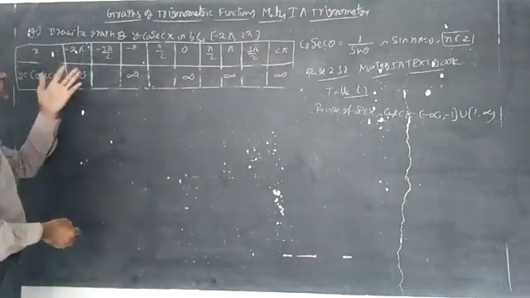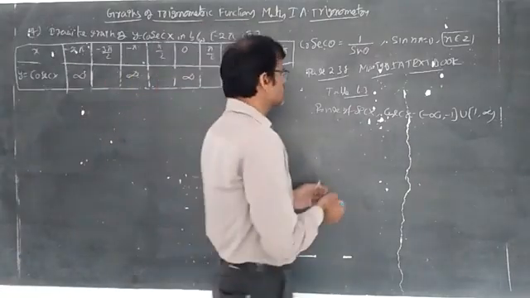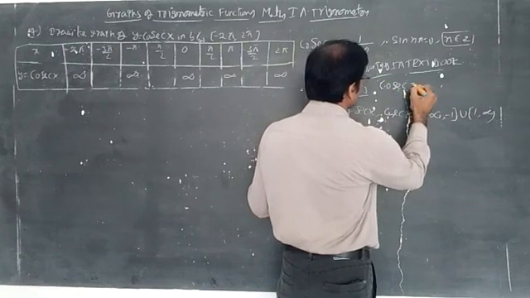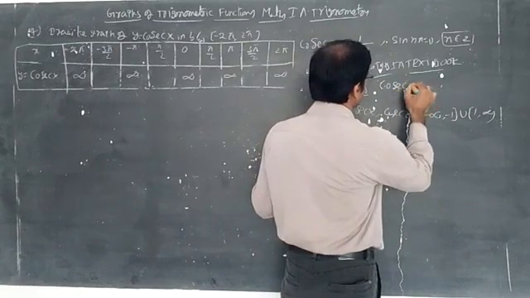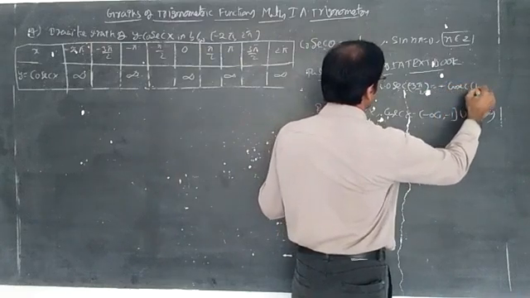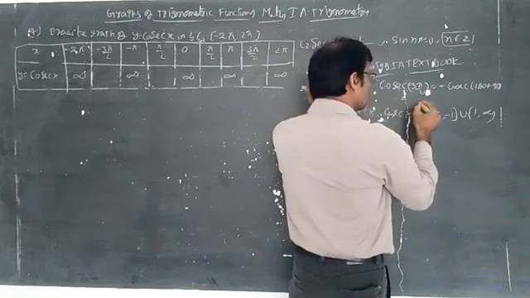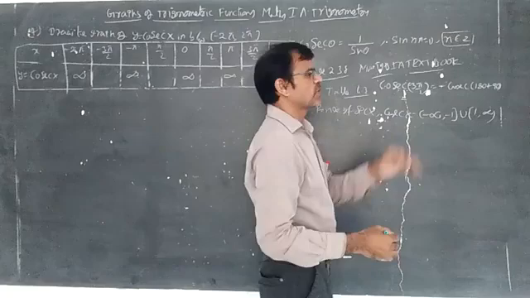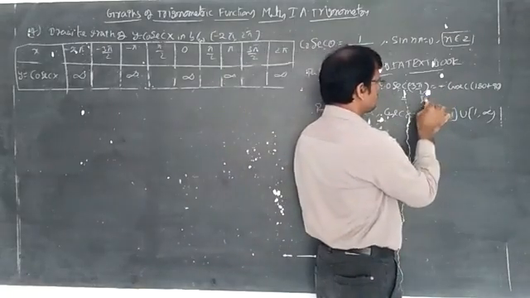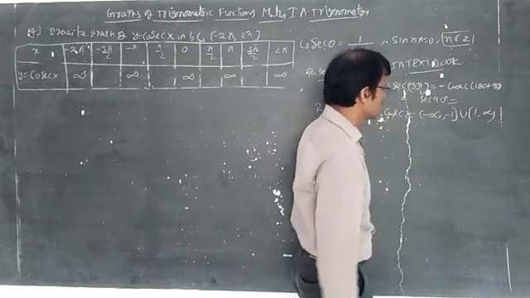Now minus 3 pi by 2. Cosecant of minus 3 pi by 2 means cosecant of 270. So minus cosecant 270 you can write as minus cosecant of 180 plus 90. 180 plus theta becomes secant theta, so secant 90 means 1 by cos 90.